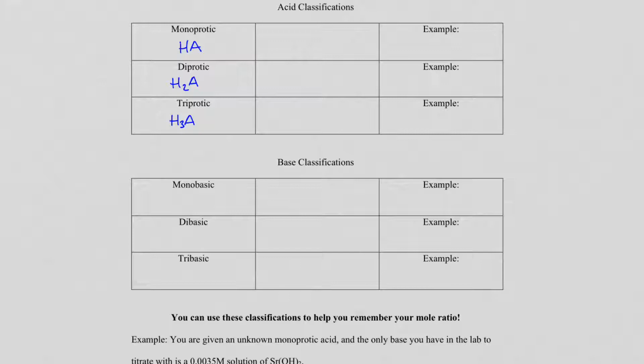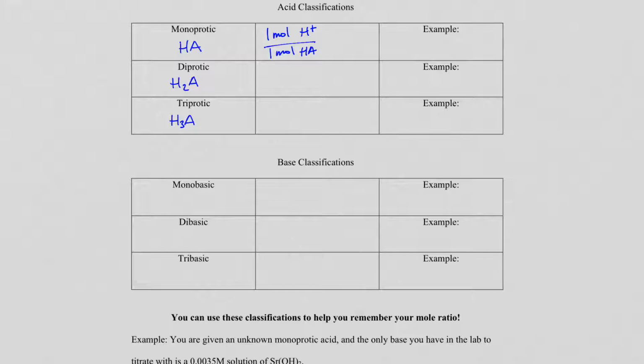But what does this mean for us? When our acid is in solution, in any case, either our analyte or our titrant, it's broken up into ions, or at least partially broken up into ions. When a monoprotic acid dissolves, we get 1 mole of H plus ions per 1 mole of monoprotic acid.